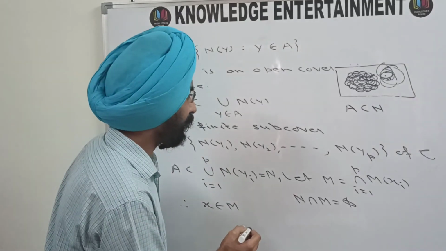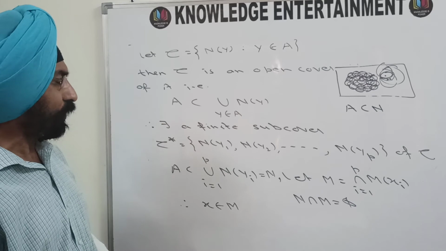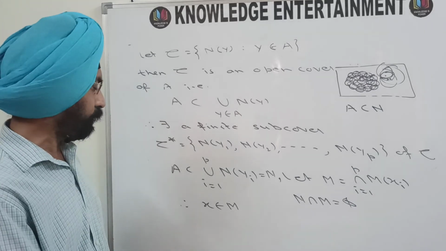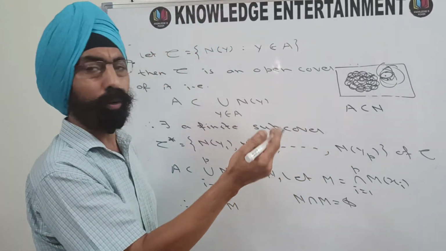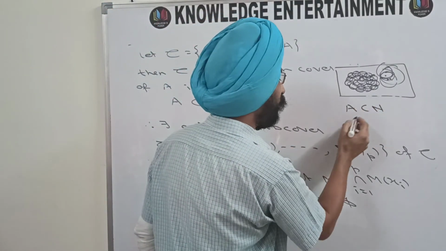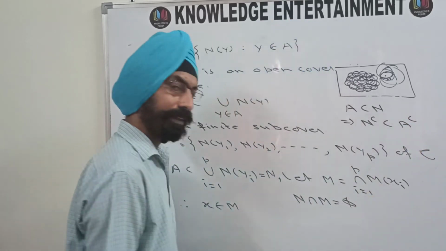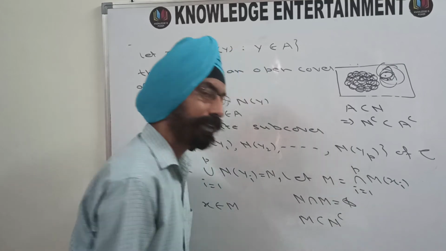So, the name I have taken in the starting for the set for which the complement is to be proved, this is A complement. So A is a subset of N means N complement is a subset of A complement, and from here M is a subset of N complement.